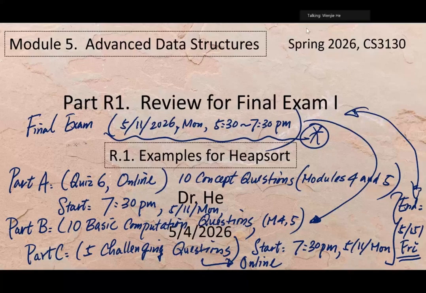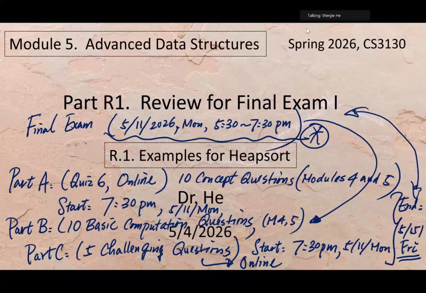Now the policy. You can bring your laptop. You can access our notes, books, and online tools. If you need to do a calculation, you can use an online calculator, but you cannot use an online search engine or AI tools.